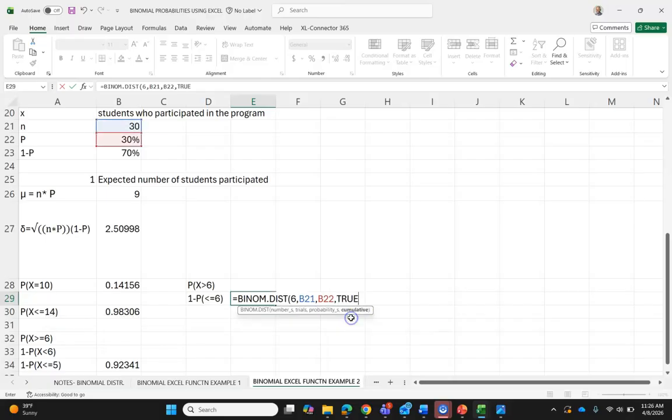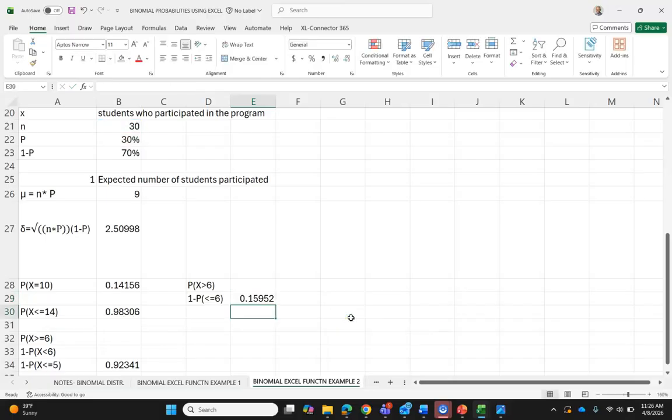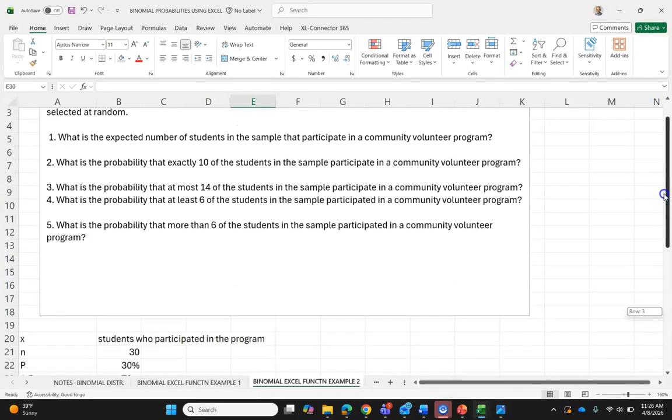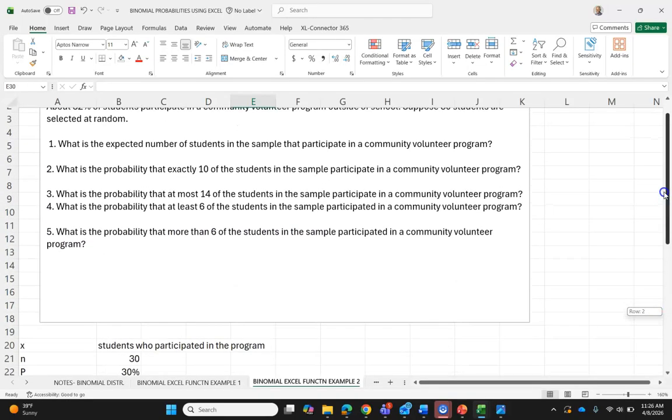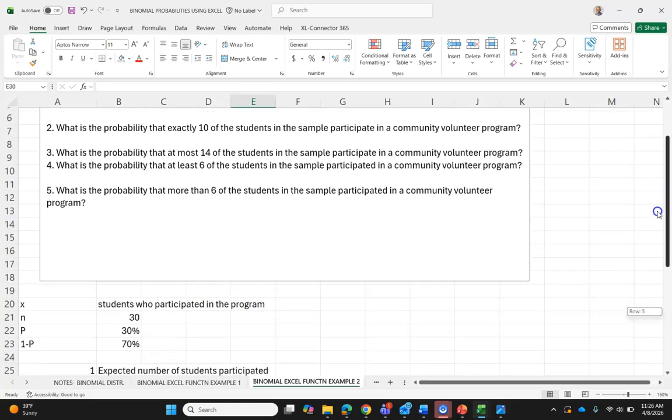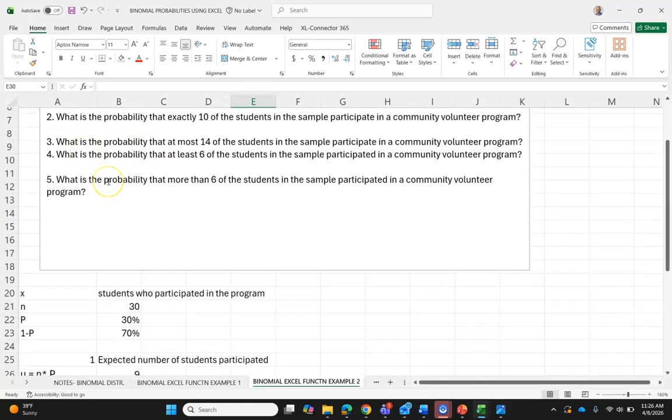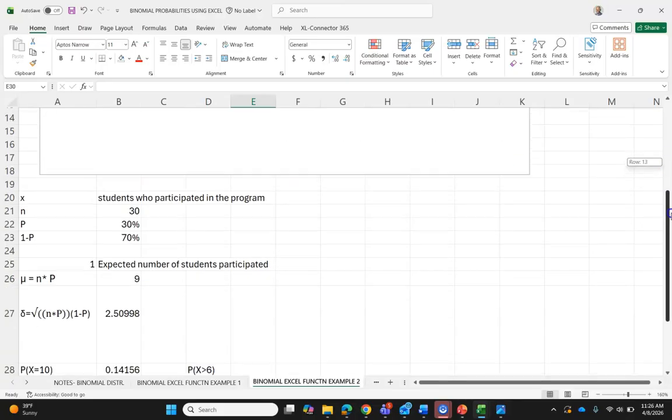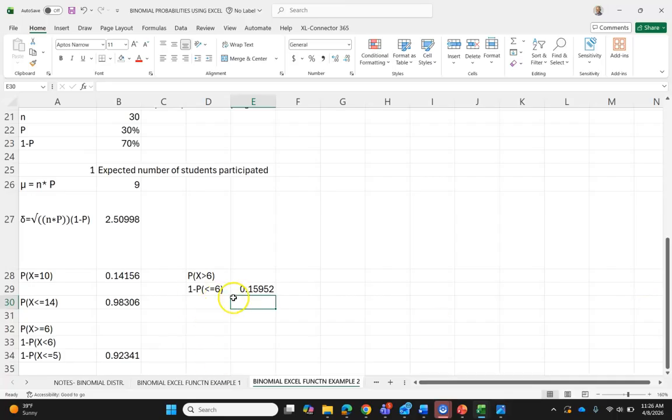So we're going to select true and close the bracket and enter. So what is the probability that more than 6 of the students in the sample participated in community volunteer program? It is what we just got. So please don't forget to provide your conclusion about what you get.